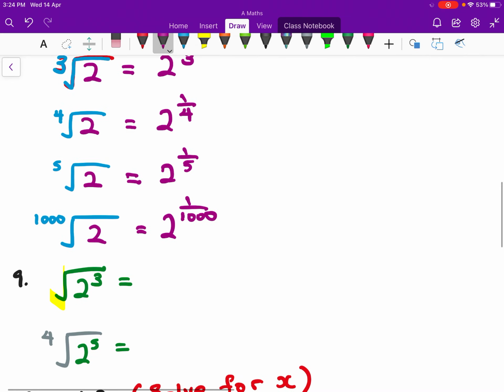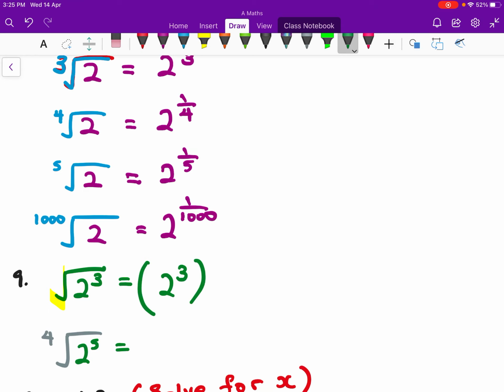Okay, so law number 9. Law number 9 actually is also the same as law number 8. Yeah, okay, so what if you have a square root and the number inside the square root has an index, 2 to the power of 3? How should you put everything? So you simply just write the number that's inside the square root first. So 2 to the power of 3. Okay, then you put a bracket.